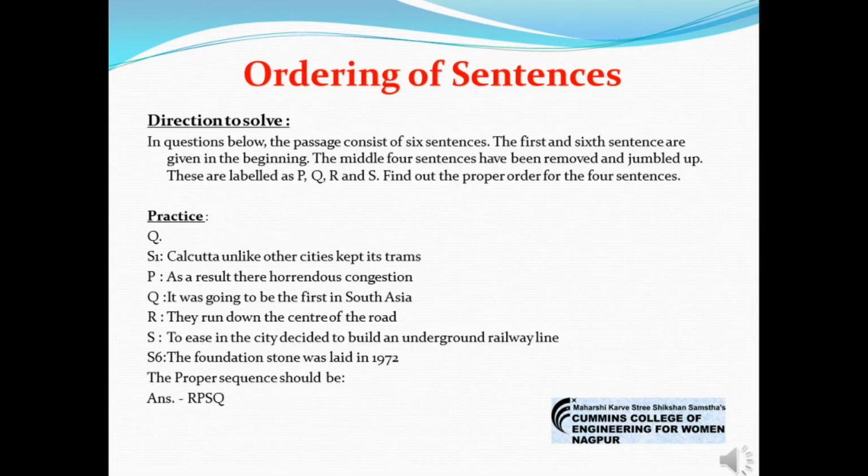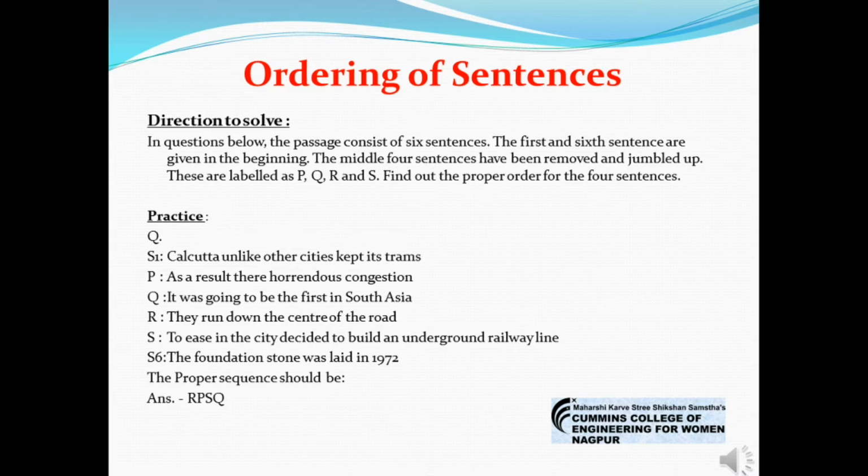In the previous slide, we saw the ordering of words. Now we'll see ordering of sentences. Here, the passage given consists of 6 sentences. The first and the 6th sentences are given in the beginning, and the middle 4 sentences have been removed or jumbled up. You need to find out the proper order for the 4 sentences and make a meaningful passage.